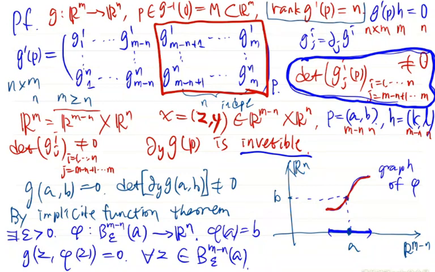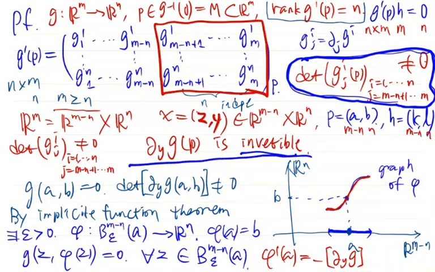We know that phi prime at A is minus the inverse of the derivative of G with respect to Y, because this matrix is invertible, then multiplied by the derivative of G with respect to Z. So this is the formula for computing the derivative of phi at the point A.